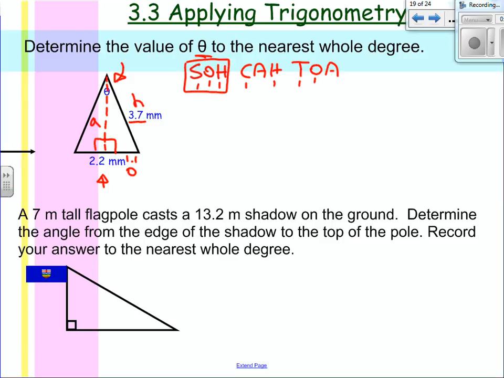So we have to use the sine ratio. That's what this thing stands for. So sine of theta equals opposite over hypotenuse, 1.1 over 3.7. The reason why we checked off O and H is because we had our opposite and our hypotenuse sides. Now to solve this for theta, we need to do second sine.